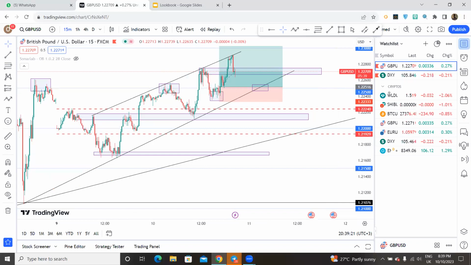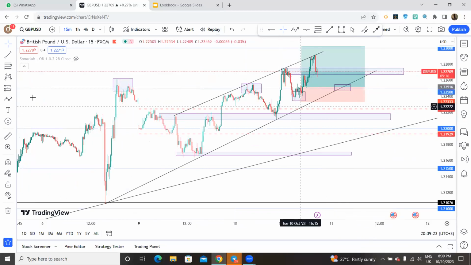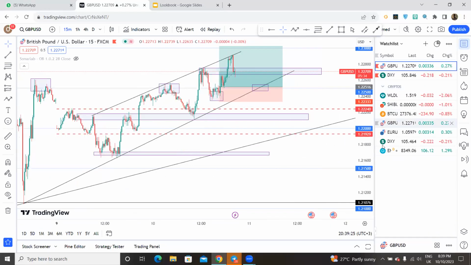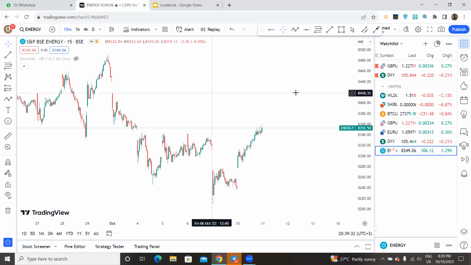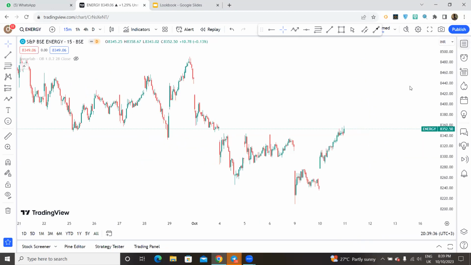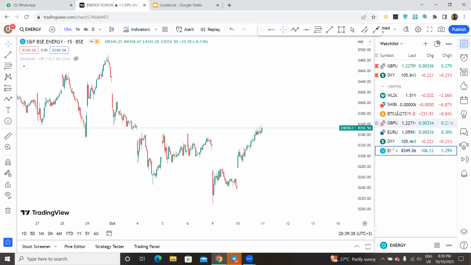Now, guys who joined in earlier, I showed you this trade. For those who joined in late, that's looking at the energy thing. This is the index for energy, S&P 500 and BSE energy. That's the index for energy.